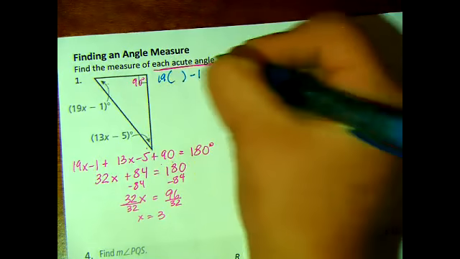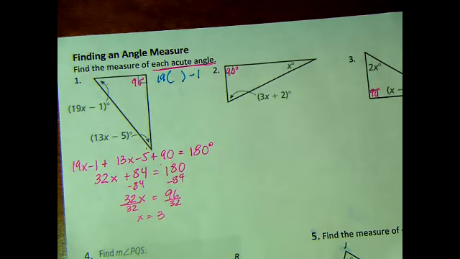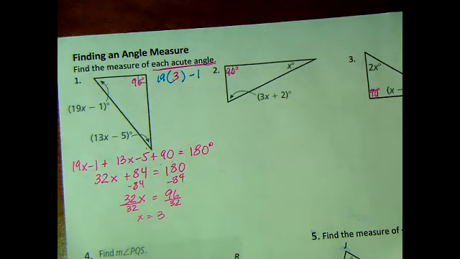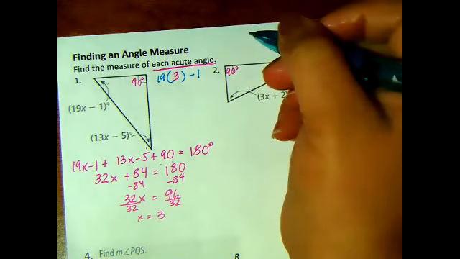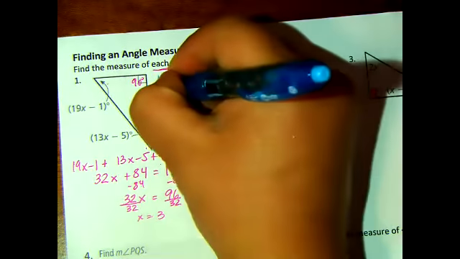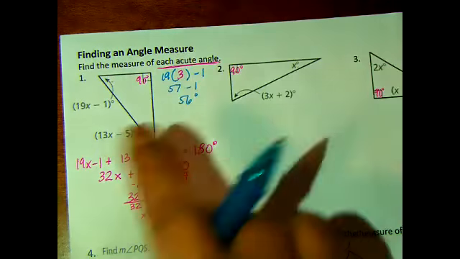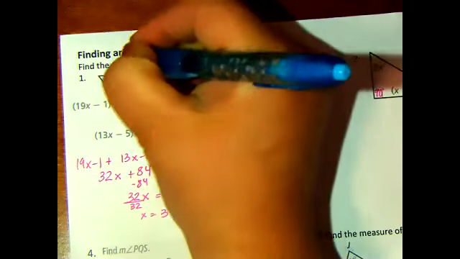I'm going to plug in my x here. My x is 3. I just found that. So 19 times 3 is 57. Minus 1 is 56. So this angle right here is 56 degrees.